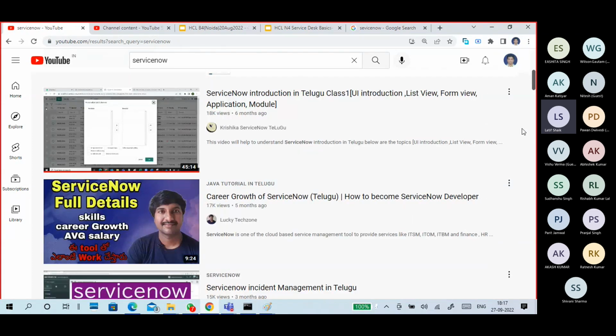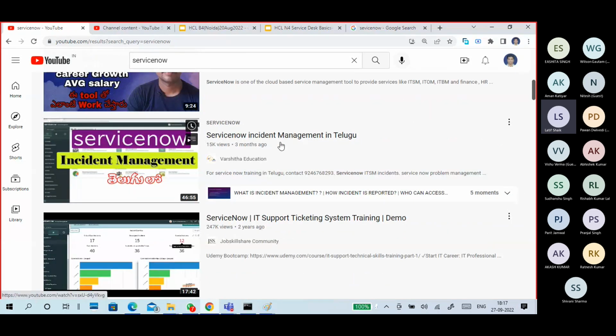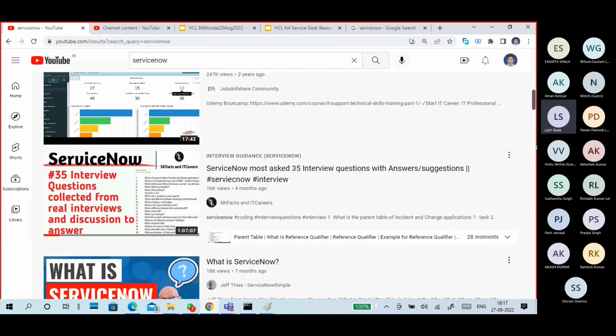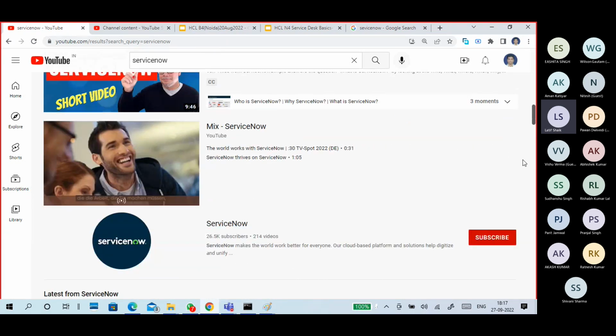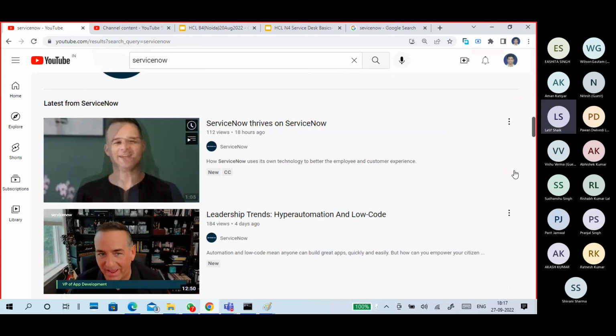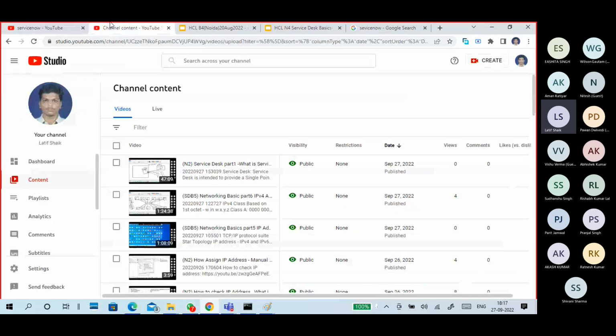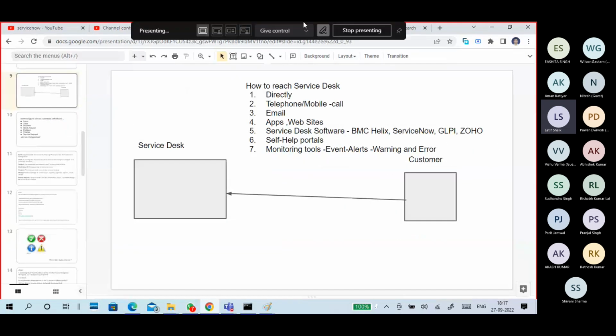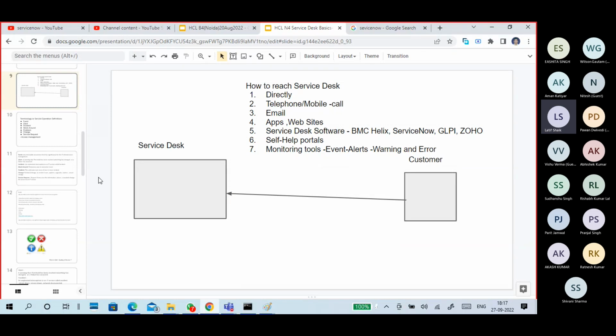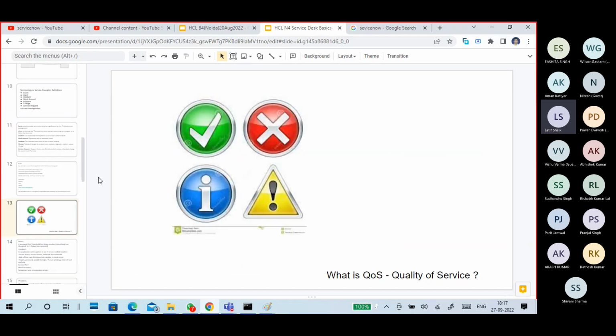They explain what ServiceNow is, how to use it, incident management in ServiceNow. There are also 35 questions in ServiceNow like that. So find out about ServiceNow and try to understand. I told you about the environment but didn't show it, right? At least try to see the environment, and you will understand better.